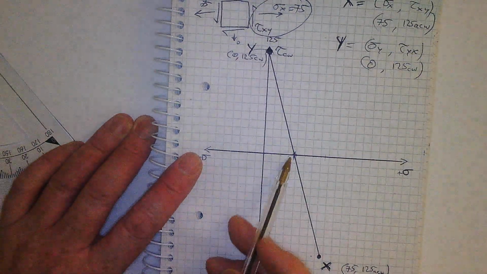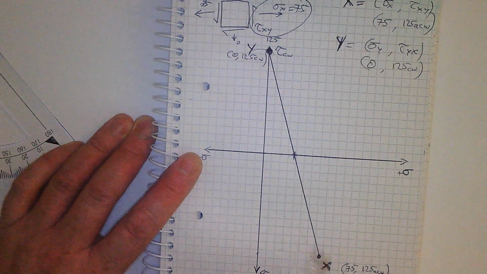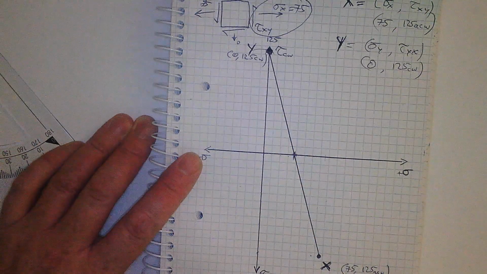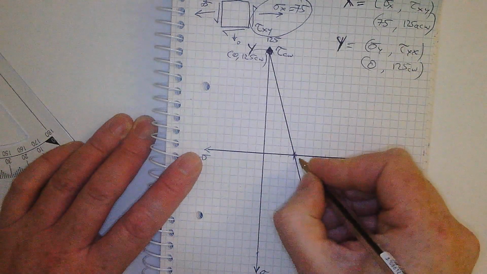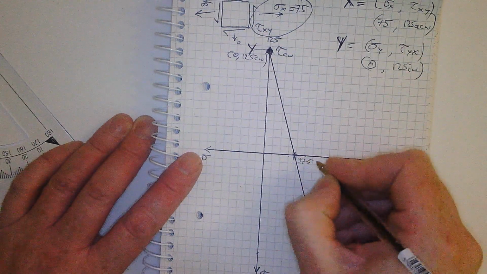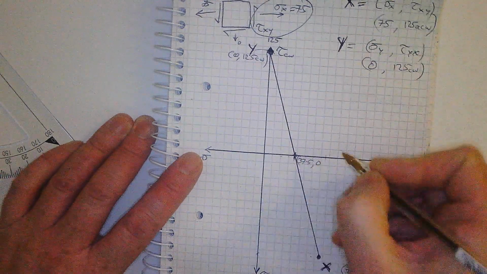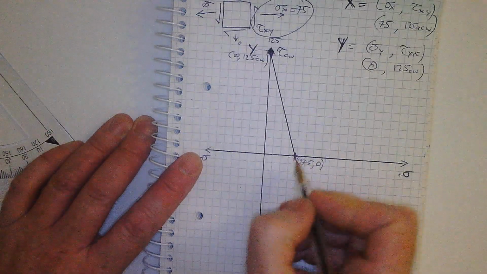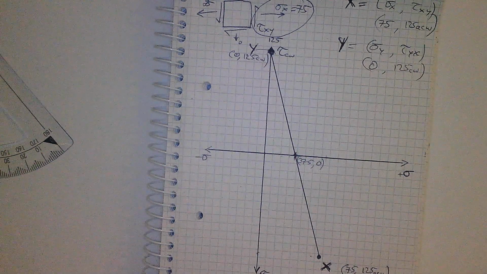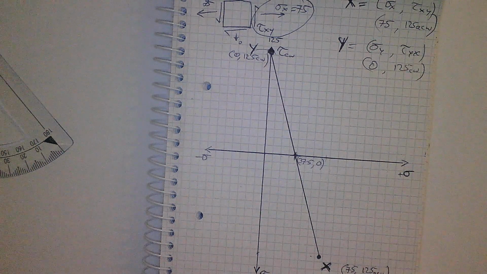So the location at the center of that circle is going to be halfway between 75 and 0. So the location at the center of that circle is 37.5 normal stress. So that point there, 37.5, 0. Okay, so that's the center of the circle. Put a compass down in that, scribe out a circle, and then you'll be able to read off anything you like from that circle afterwards.